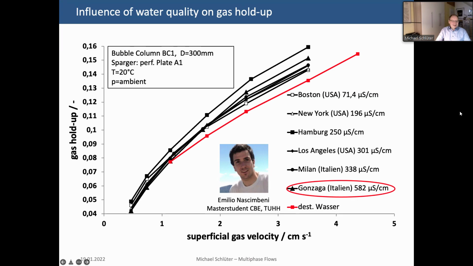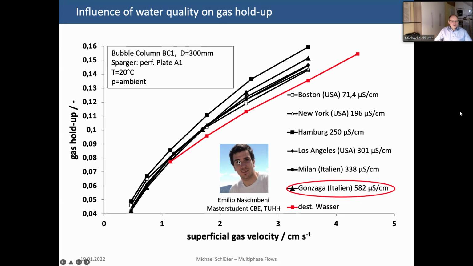And if you see that, then it's not very surprising anymore that the correlations are so different, because many of the correlations are derived with tap water. This means that if we have another tap water quality in Hamburg than in New York, probably our correlation will not work in New York just because of the tap water quality. And this is not negligible here. You see 30% and 60%, so a 30% difference in the gas hold up here.